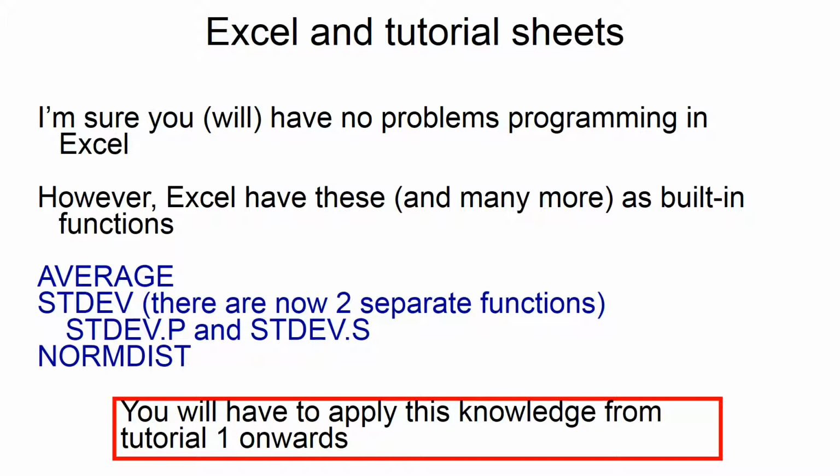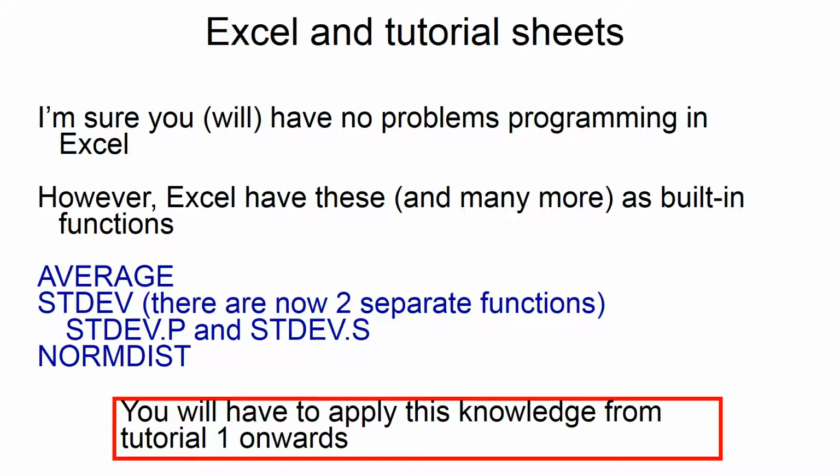Now, Excel used to have a function STDEV to work out the standard deviation. It still does have that function, but it now has two additional functions to be more explicit about which standard deviation you're working out.